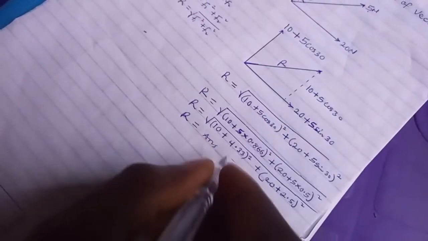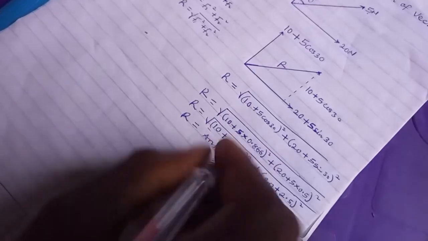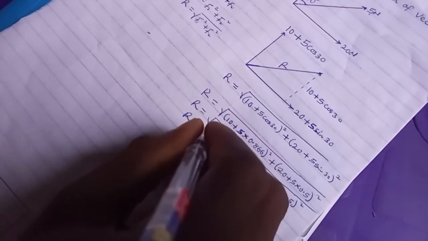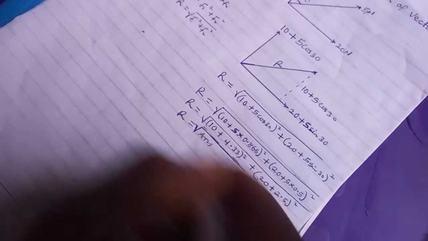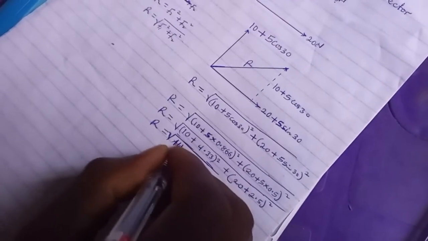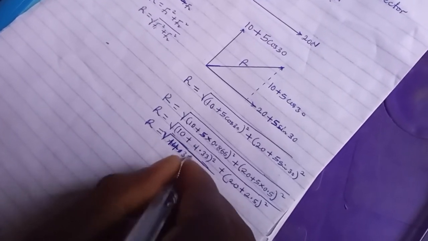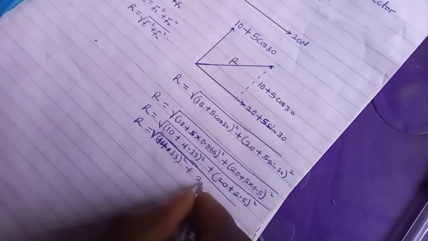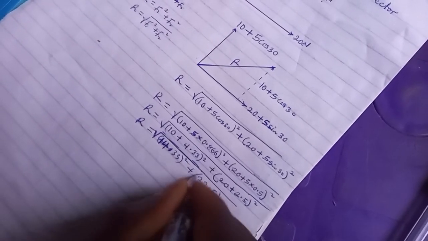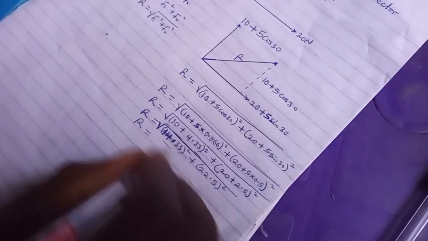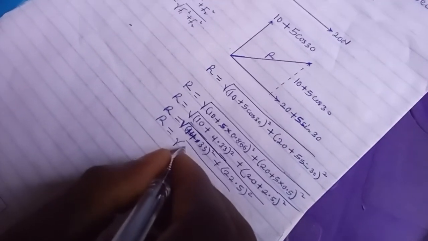So our R is equal to the square root of 14.33 squared plus 22.5 everything squared.